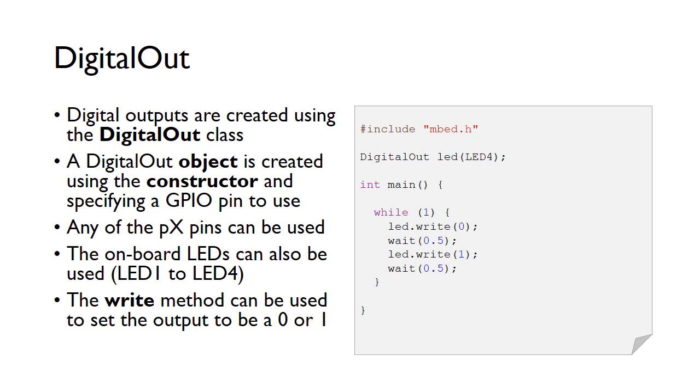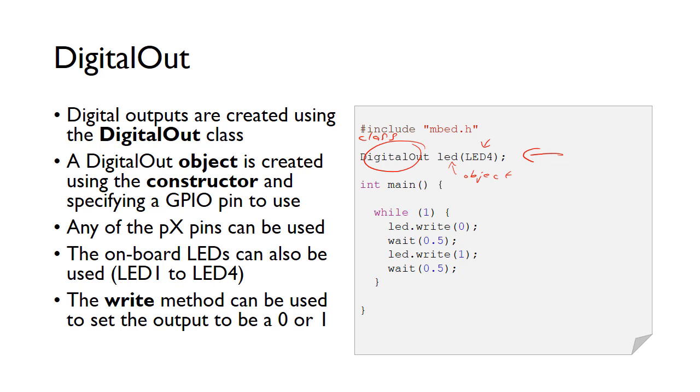And then here we're creating our object. This is our class, the class name is DigitalOut. I've created an object called LED, and this object is going to control LED4, one of the onboard LEDs.